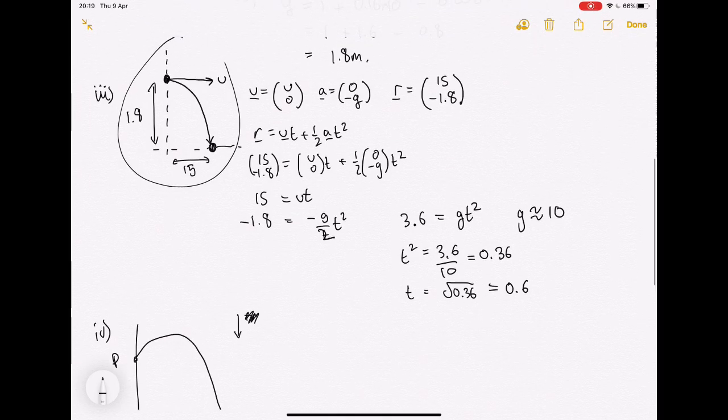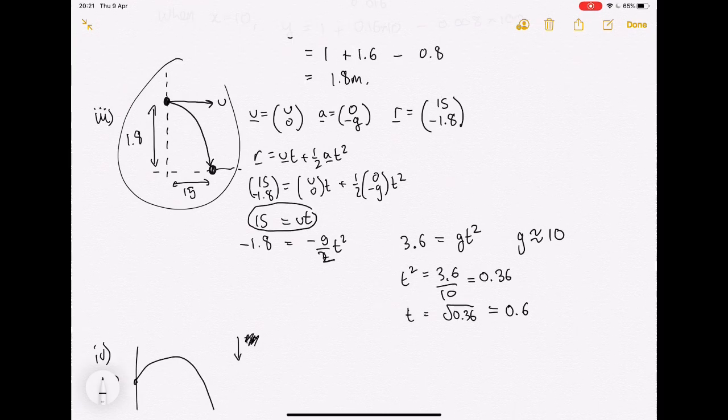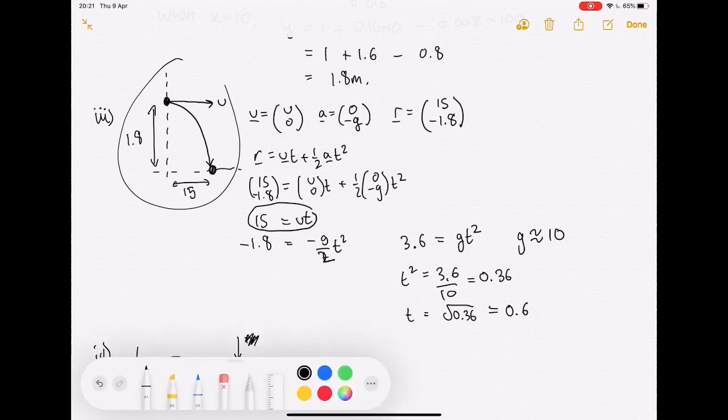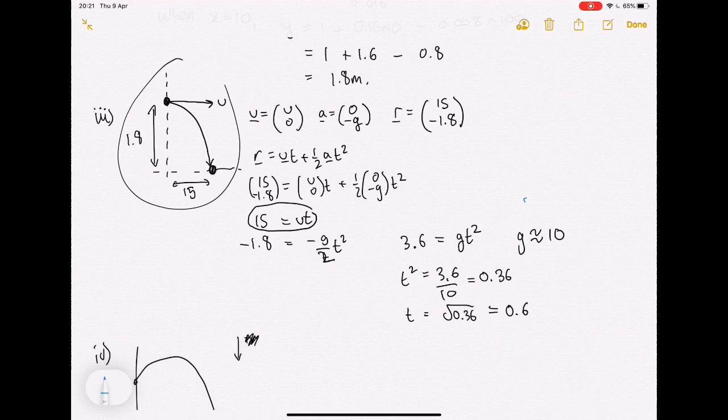Well, in the last part here, we noted that 15 was equal to u times t. Well, if the only force acting is vertically, then this u here, the horizontal component of velocity at the maximum point, is the component of velocity at all points.